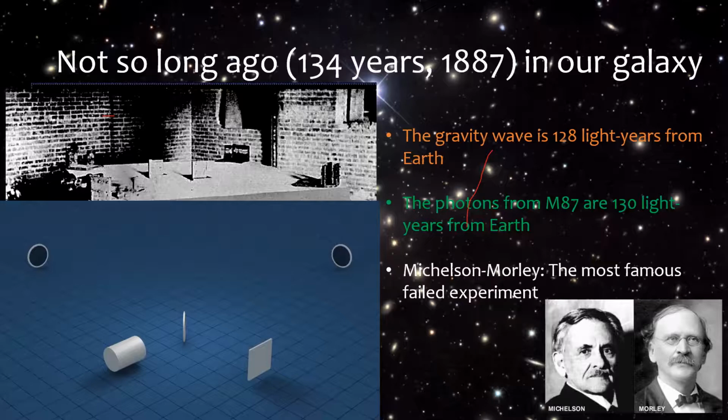Let me try to formulate a question if I can. When you see those waves that are generated by LIGO, those are reconstructed waves of the gravity wave caused by interference patterns between mirrors that reflect the laser light.